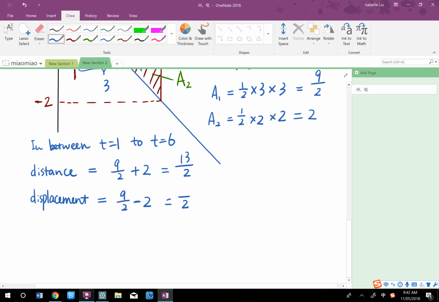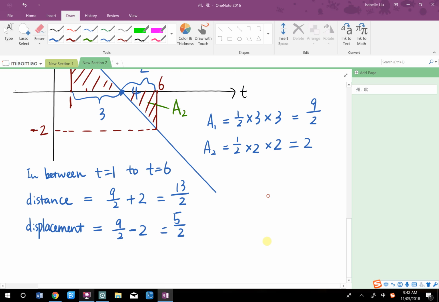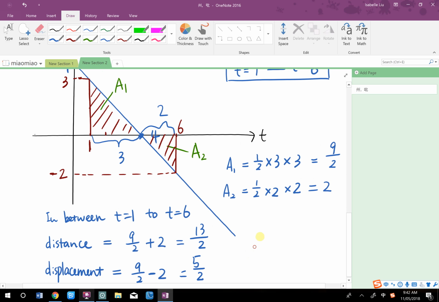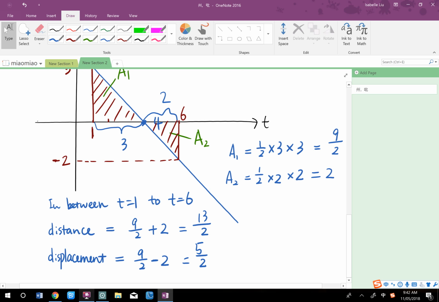So the displacement in between 1 second to 6 seconds will be a positive 5/2. So why I said the vt graph is very useful, because that can also give me information in between any point of time. Talk about the displacement and talk about the distance.